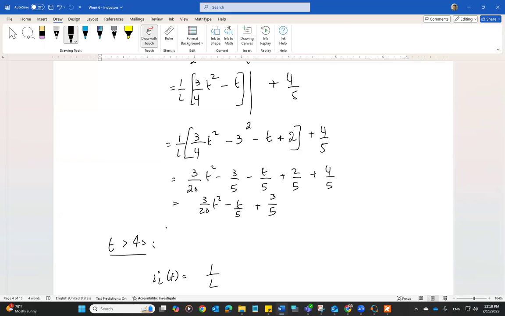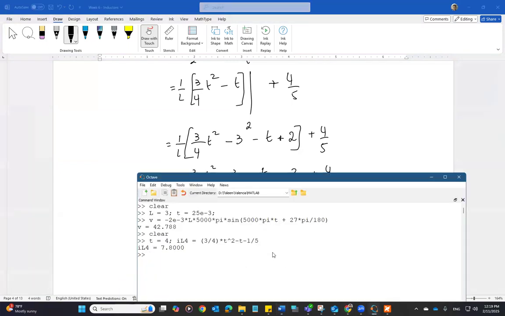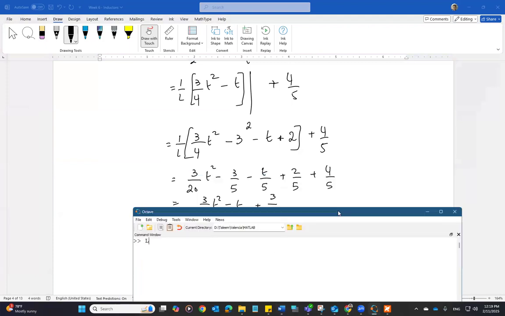And then the value of current at the beginning of next interval, which is at 4, IL at 4 seconds, is going to be, again, let's go back and do that. Okay, so L is already there. No, I don't need L, actually. I have the equation anyways.